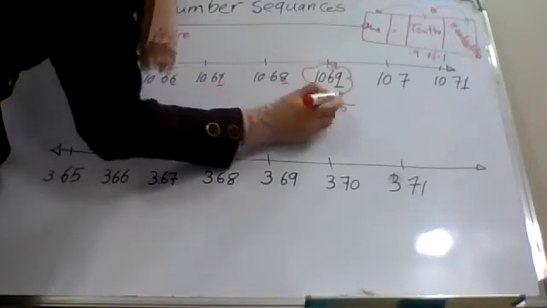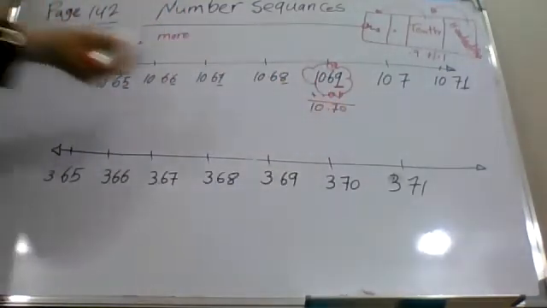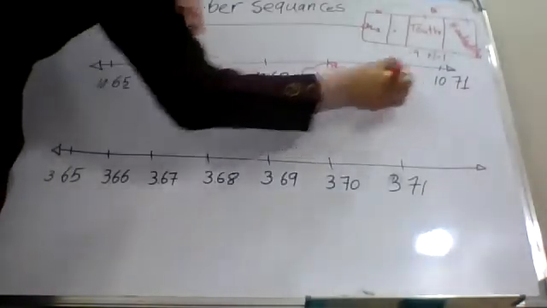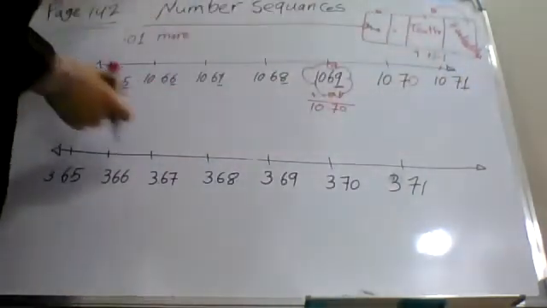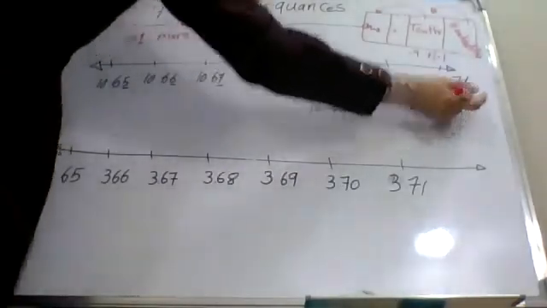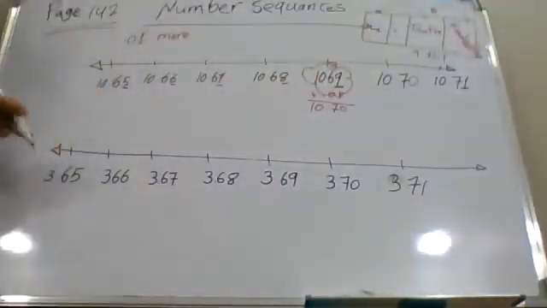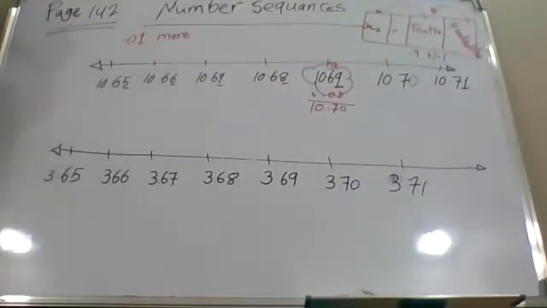So 1 plus 6 equals 7. And we write the point, and this is the 10th, okay? So we have 1.7 or 1.70. You can write it or you cannot. It means nothing, okay? The 0 means nothing over here. So after that, we start 1.70, then 1.71, 1.72, 1.73, and so on. We complete the sequence. We are adding 0.01 more, okay?